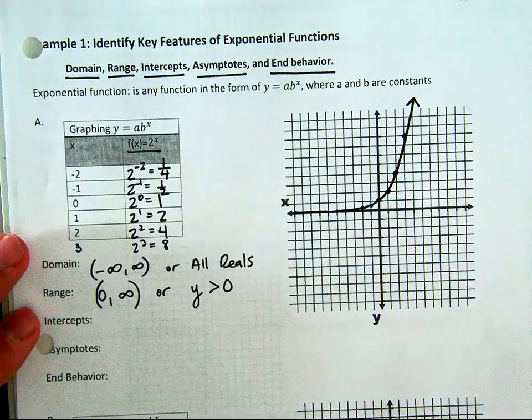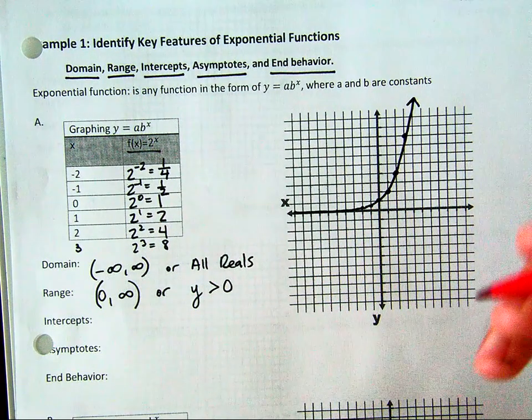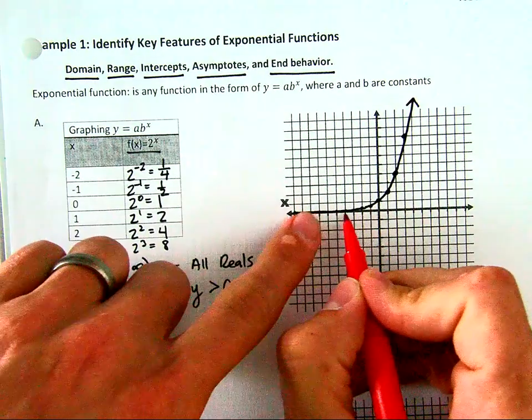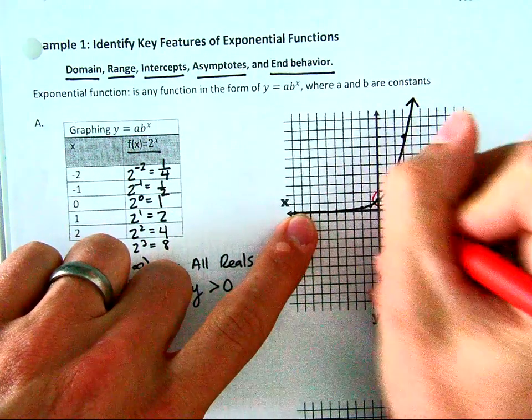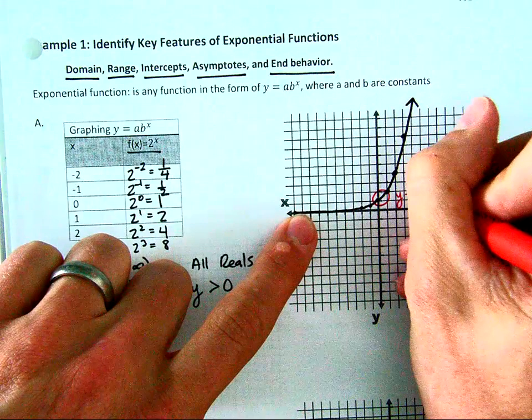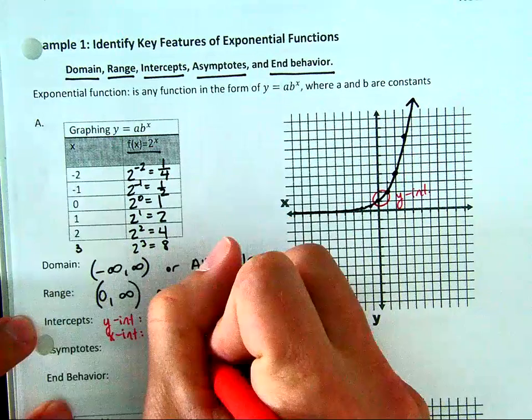Okay. Next, we're going to look at our intercepts, where this crosses the x and the y-axis. And here, we can see that it's not going to actually cross the x-axis, but it will cross the y-axis at the point (0, 1). Okay, and the x-intercepts, there are none.